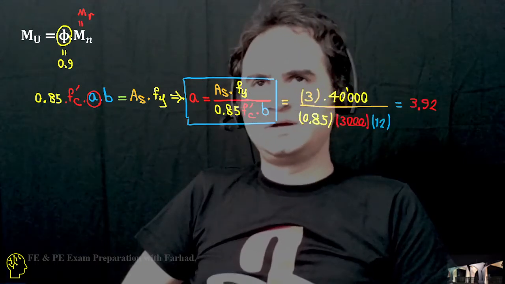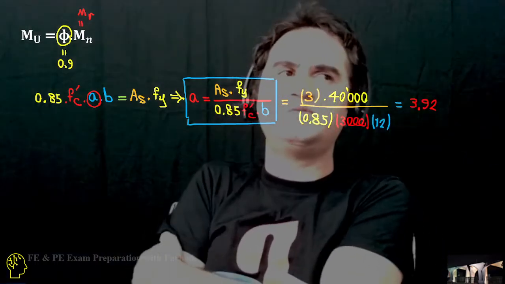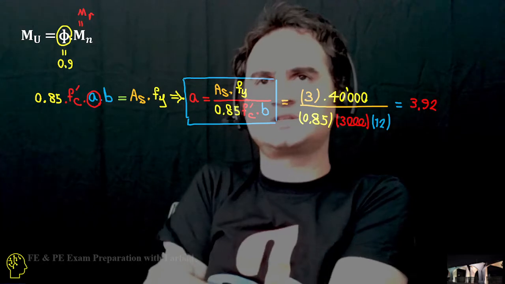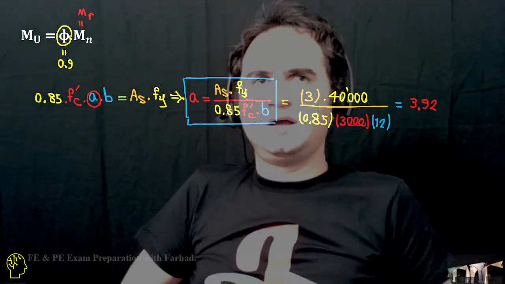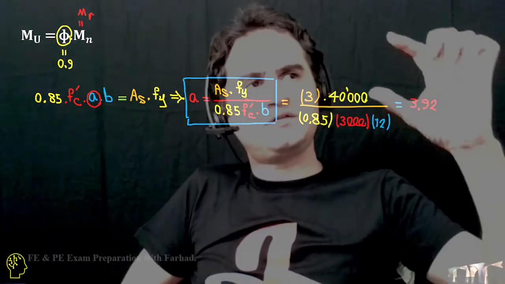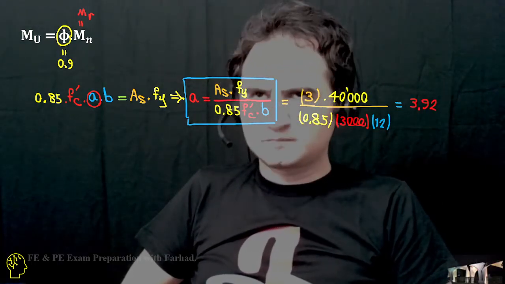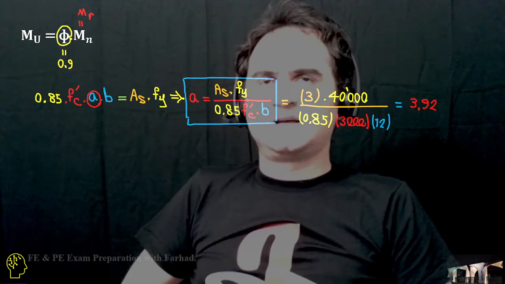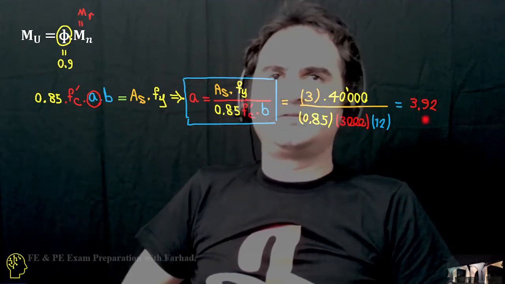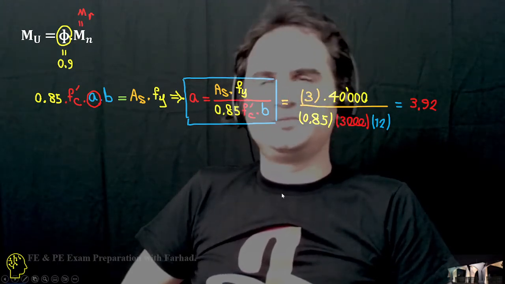Replacing the numeric values from the problem statement, the height of the Whitney block is almost 4 inches, that's 3.92.